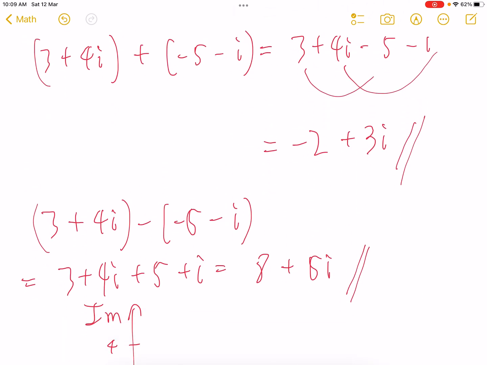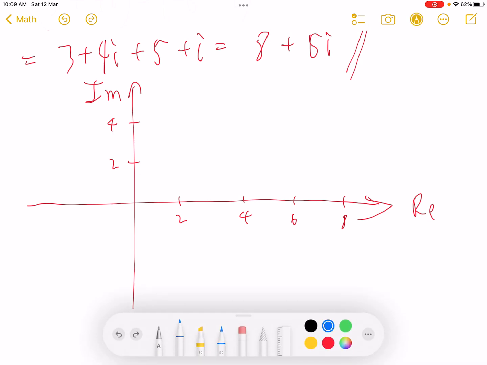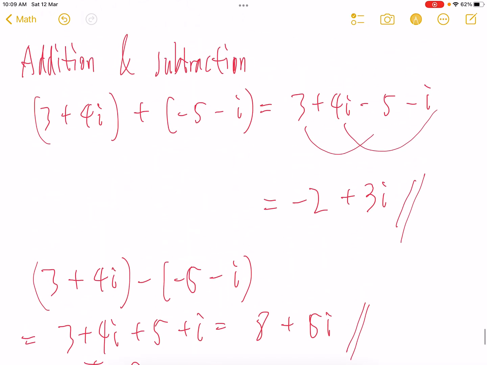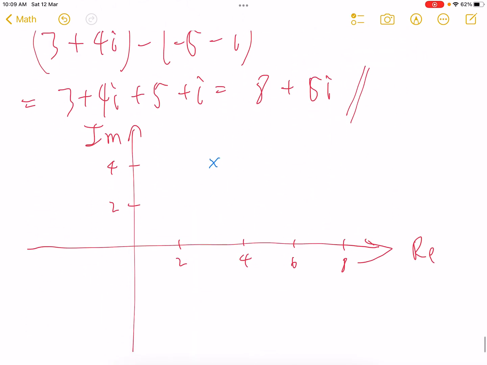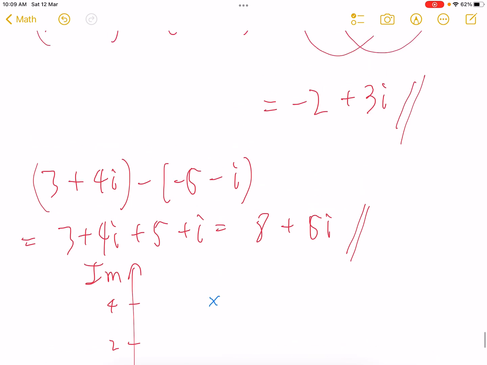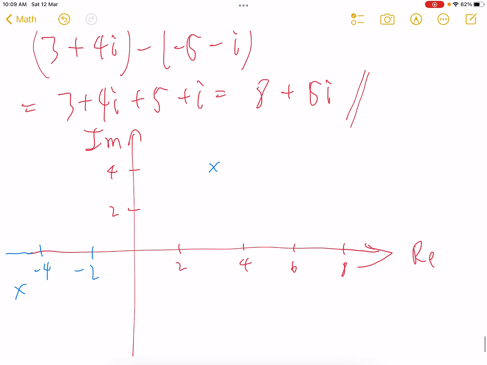So our first number is 3 plus 4i, so it's a point probably somewhere here. 3 plus 4i plus negative 5 minus i. Negative 5 is somewhere there, and minus i. Okay, so if we add these 2 points together, we get negative 2 plus 3i over here.